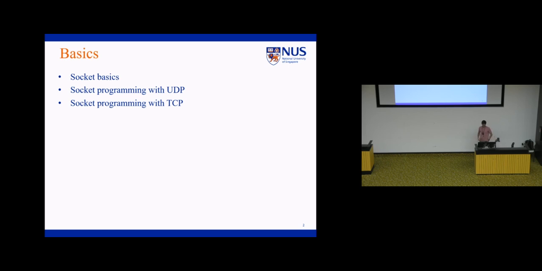So let's get started. In the application layer, I mentioned sockets, right? Sockets are the API, application programming interface, between the application layer and the transport layer. And in this chapter, we are going to learn about programming sockets, programming UDP sockets and TCP sockets for a web application.